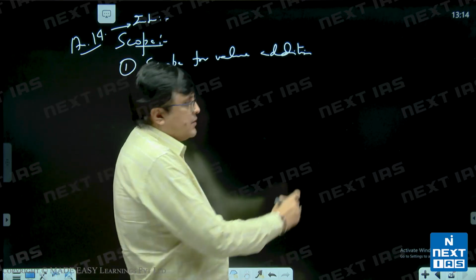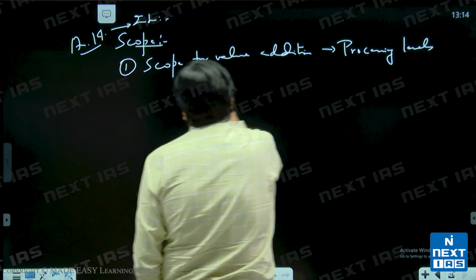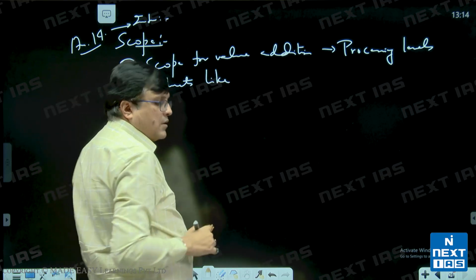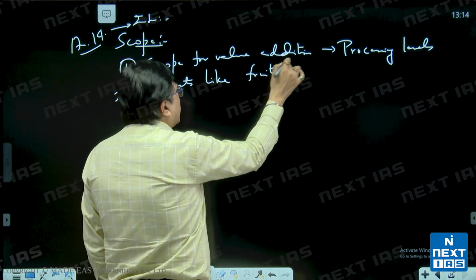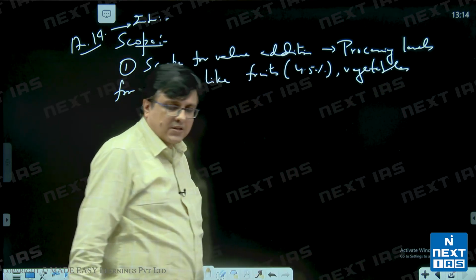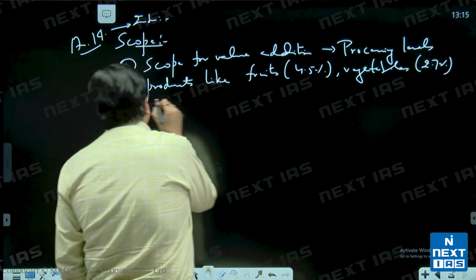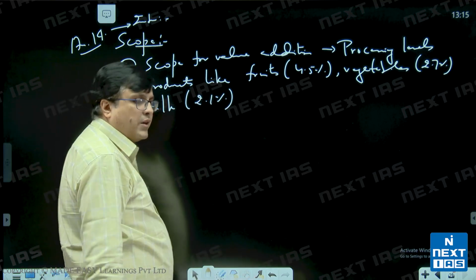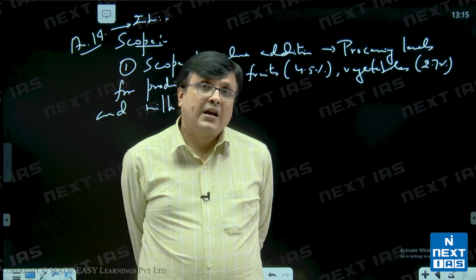That survey tells us that processing levels for products like fruits, where it is only 4.5%, or vegetables, where it is only 2.7%, and milk, where it is only 2.1%, is far below our contemporaries like China, like USA.